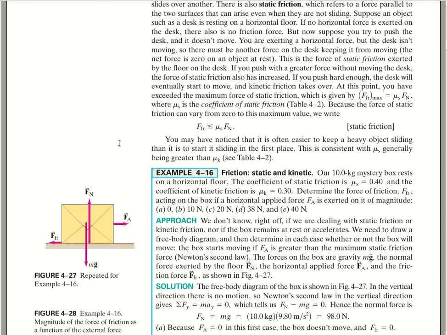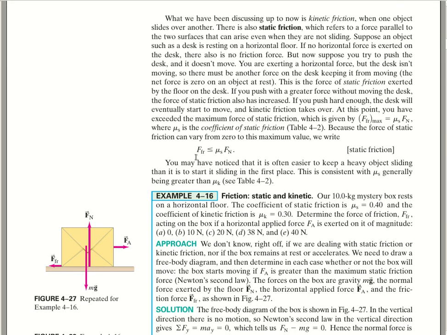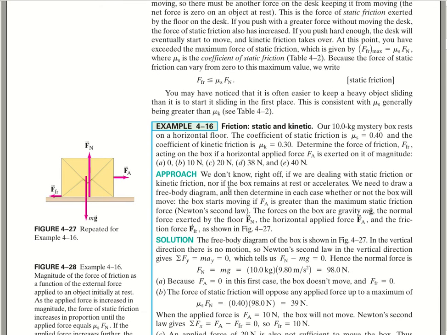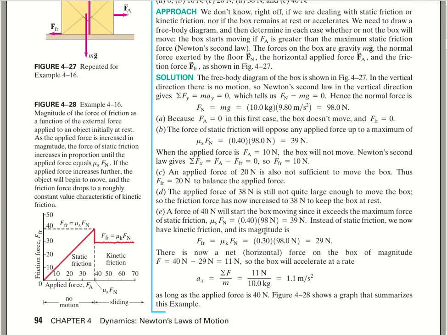Here they talk more about static friction, and it says that to make something move, the force has to be higher than this force of friction, considered the static friction. Here you have some examples.